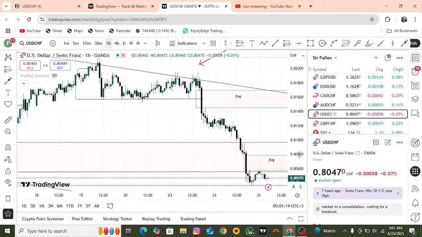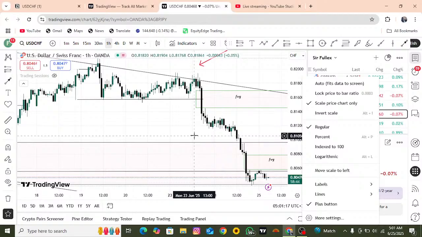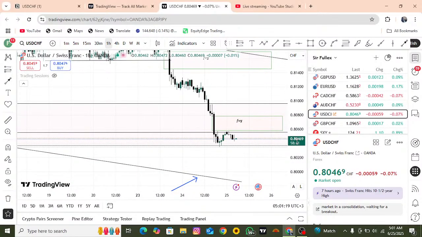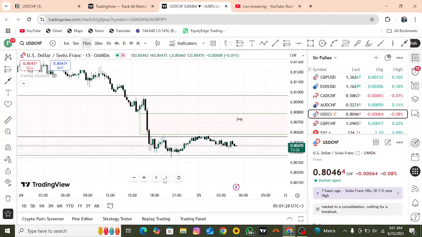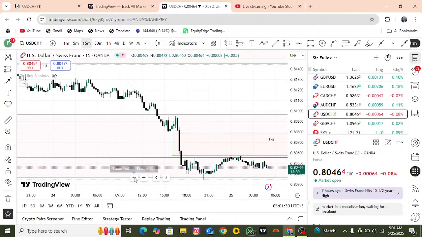let's fight our battles. Let's see what's going to happen here and see if we can get something. That's the 15 minutes time frame in this pair.